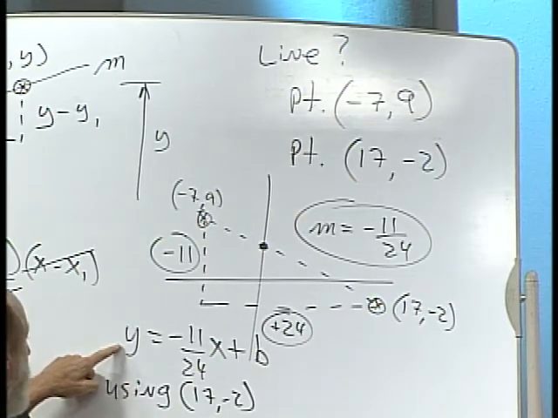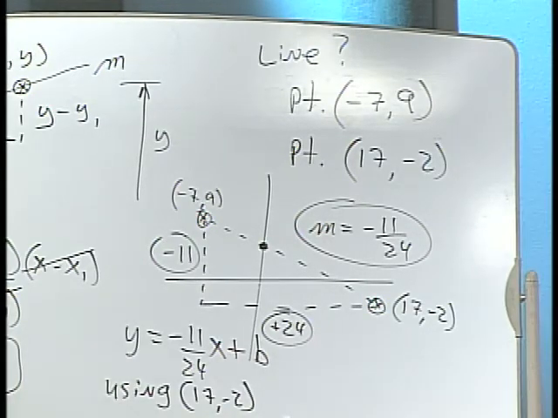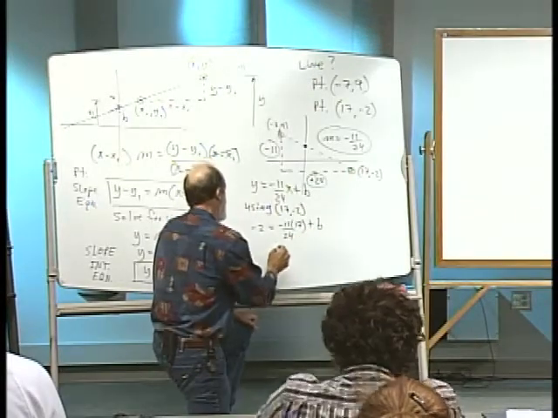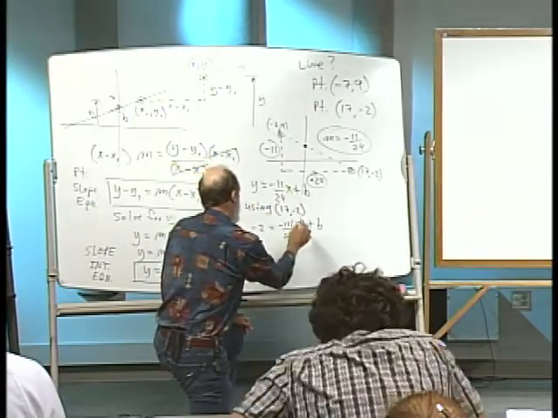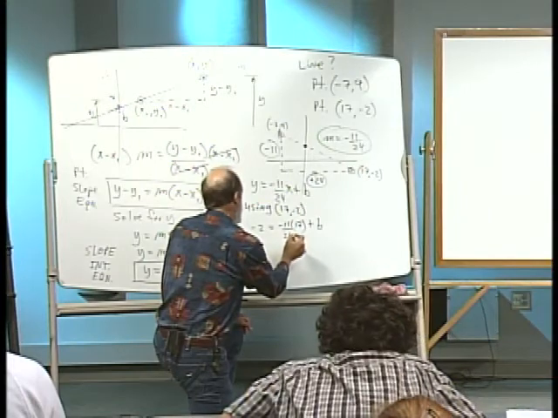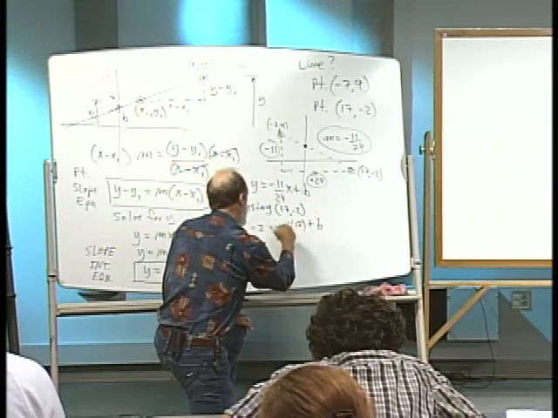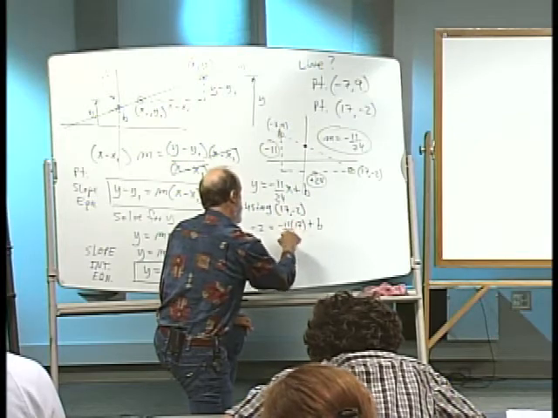Negative 2 equals negative 11/24 times 17 plus the b. Don't we feel a little better now? Because the only unknown here is this thing called b. Okay, so we have some arithmetic to do here. What I would probably do is move this negative number over to the other side.